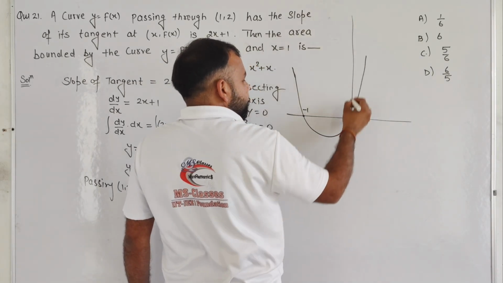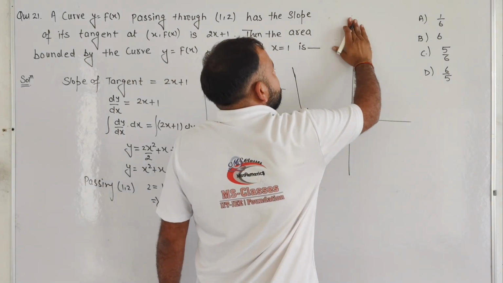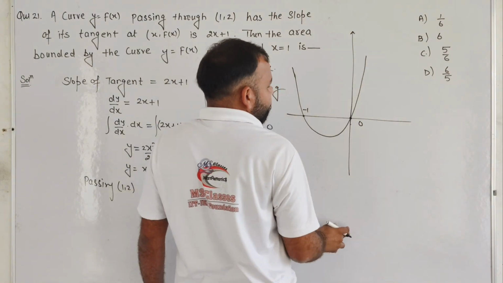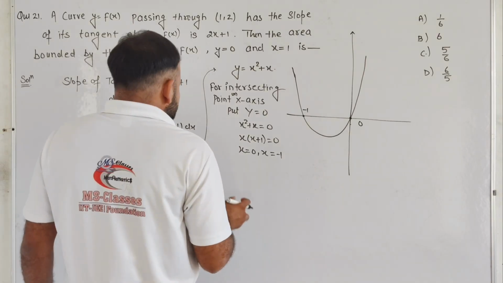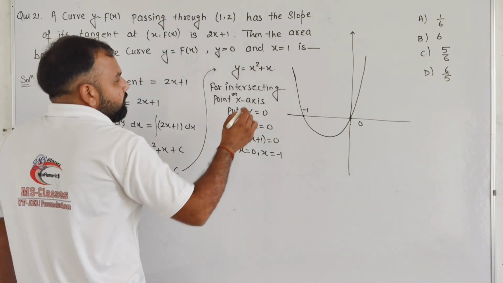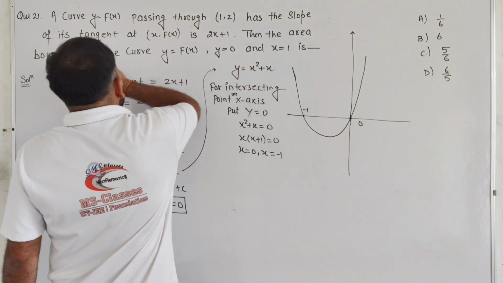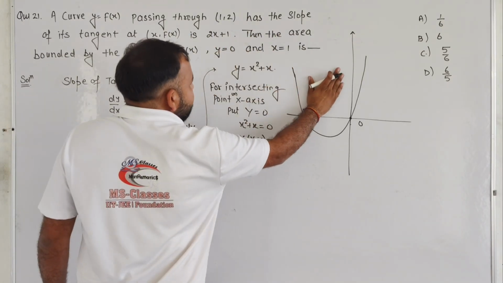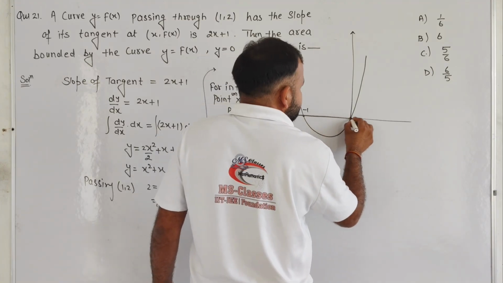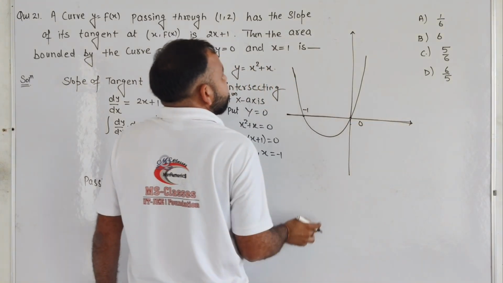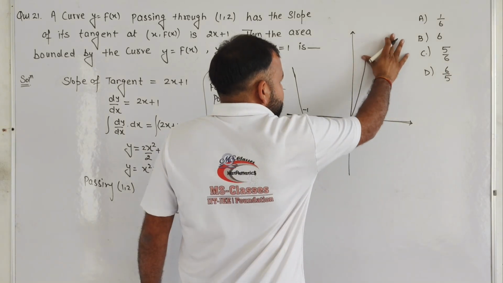So let us consider, you know, if this is x is equals to 0, that means that represents the y-axis. So this is the curve. Okay, so basically student, this is the curve, and you need to calculate the area bounded by the curve y equal to this one. Y equals to 0, that means student, y equals to 0, that means x-axis. Okay, x equal 1, student, let us consider x equals to 1 is this one.